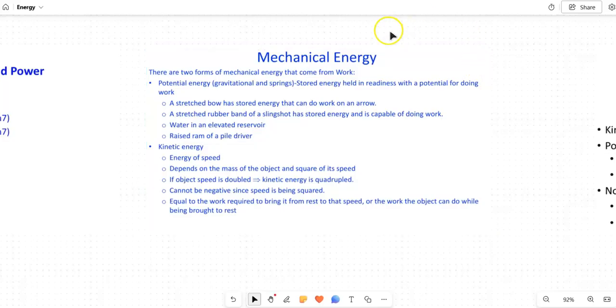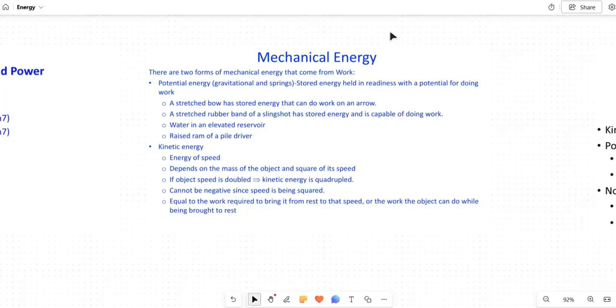Now, suffice to say, potential energy is a type of energy, and it's kind of a stored energy. So if you lift up an object and you're holding it there, you've taken that object from the floor and you've added height to it.